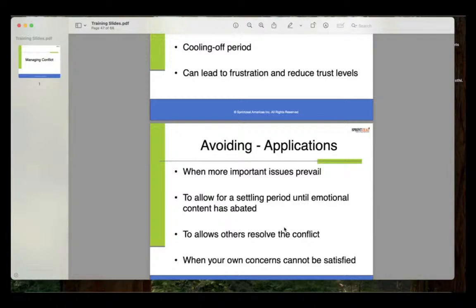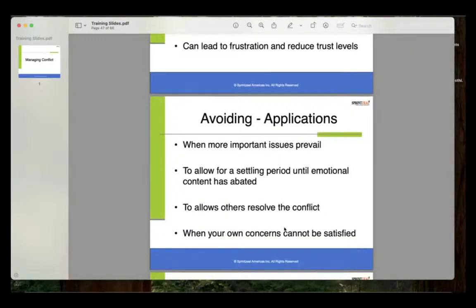Then we choose the avoiding style to allow for a settling period until emotional content has abated. Then, to allow others to resolve the conflict.